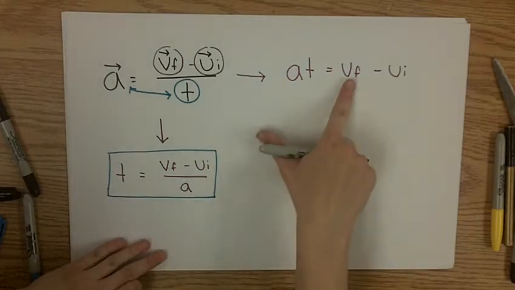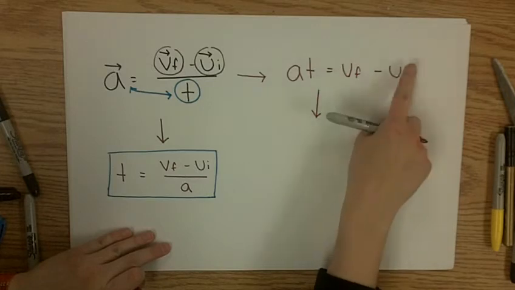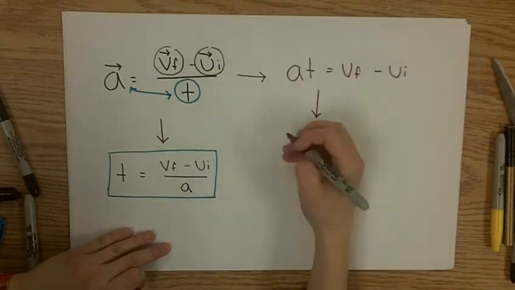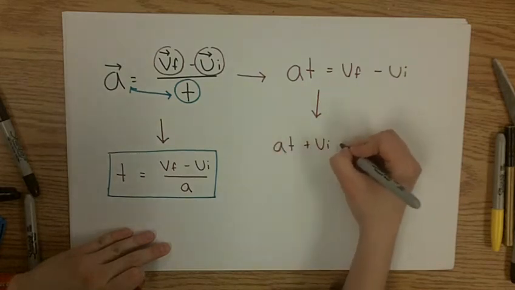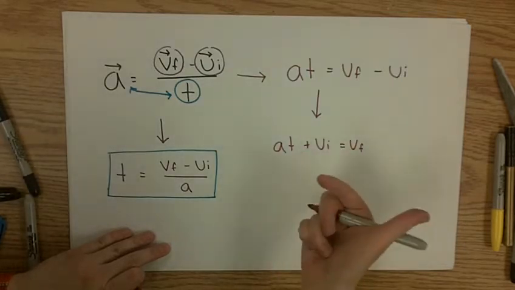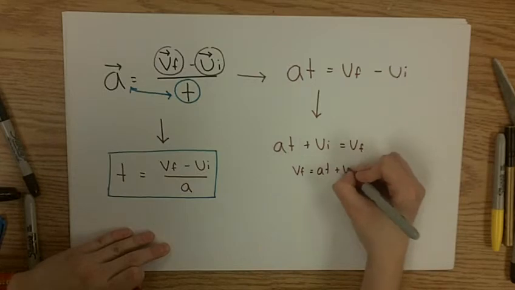If I want to solve for vf, I can then move the vi over. The opposite of subtracting is adding. So at plus vi equals vf. This can just be flipped, so I get vf equals at plus vi.